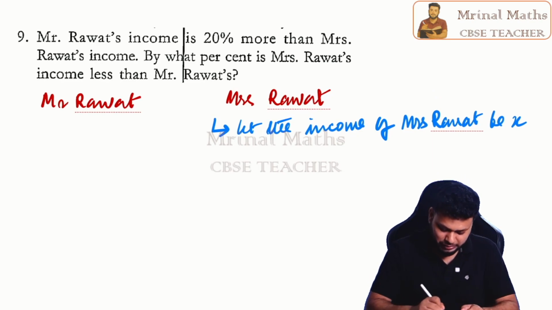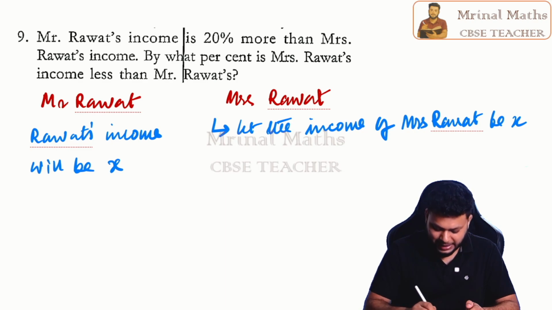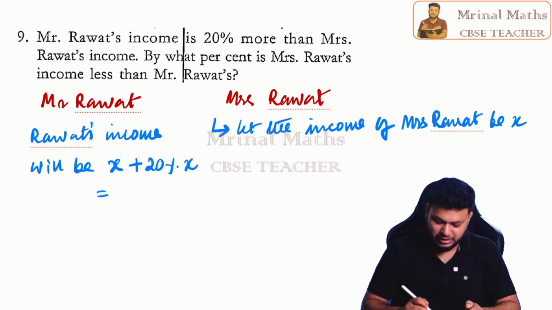So we are going to write, Mr. Rawat's income will be X along with 20% more of the value that Mrs. Rawat earned.